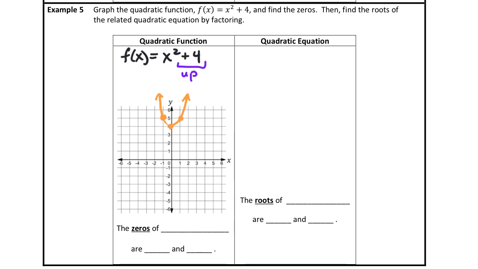And so at the bottom we're going to write f of x equals x squared plus 4. That's the function that I just graphed. And so does it have any x-intercepts? Did this graph even intersect with the x-axis?